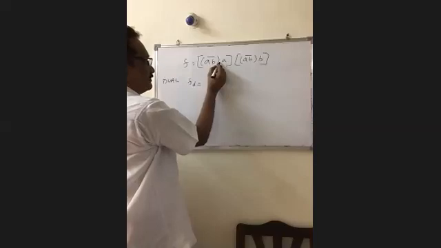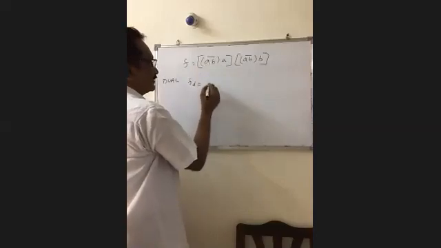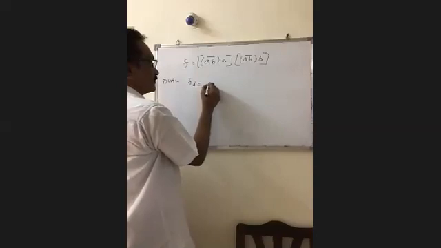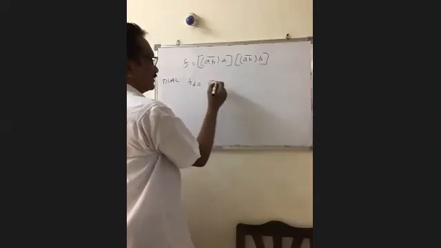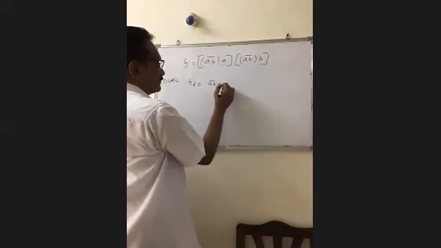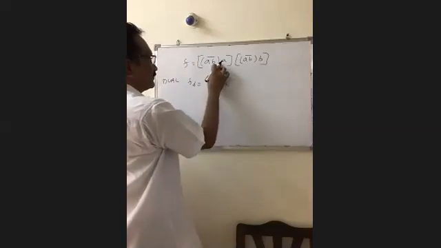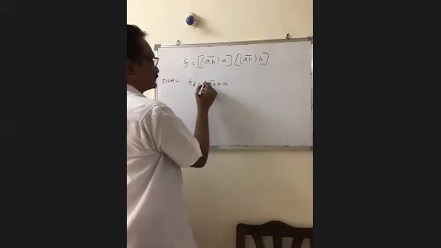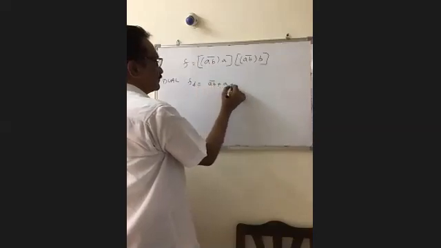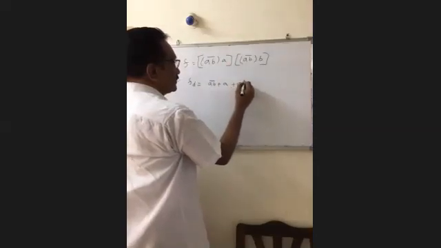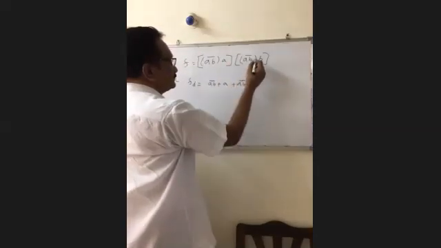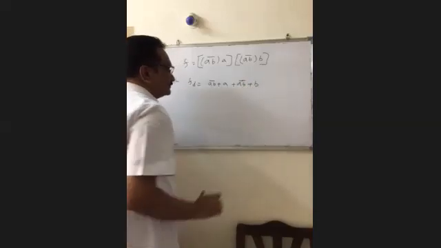So the dual of this is (a b bar plus a) plus (a b bar plus b).